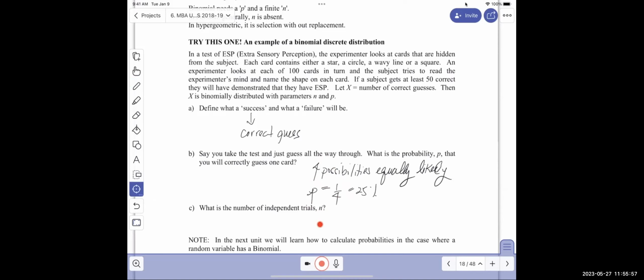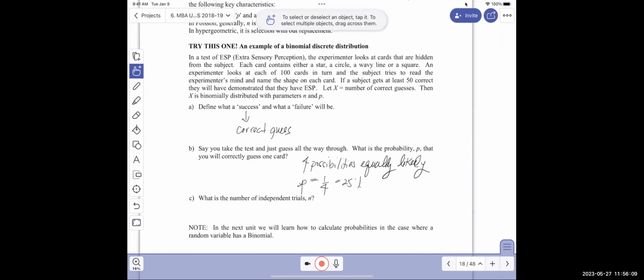And how many independent trials will we have? That's right. So there's n equals 100 independent trials.